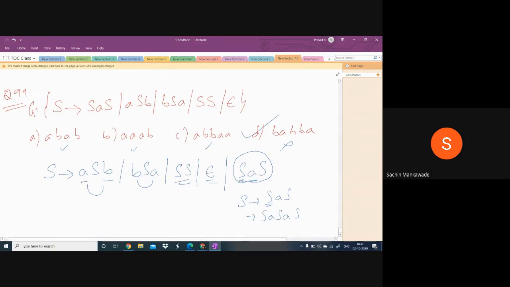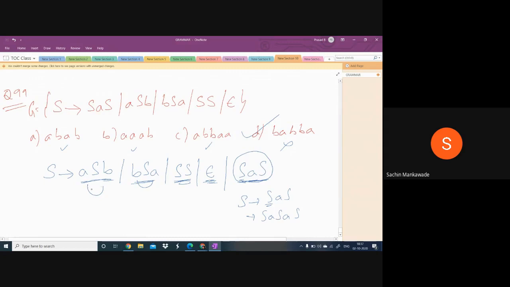I repeat, this gives equal A's and B's. This also gives equal numbers of A's and B's. And here no A's and B's. And here epsilon also means A's and B's are equal. But when we use this production, there is a chance of getting more A's than B's.